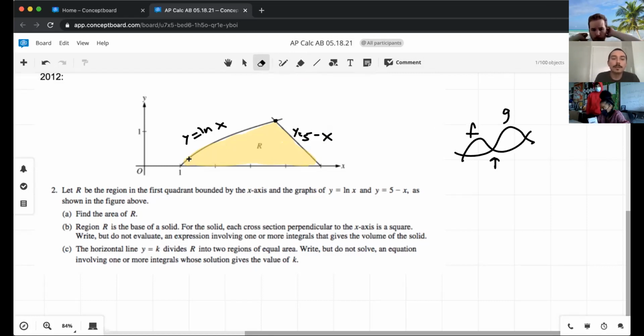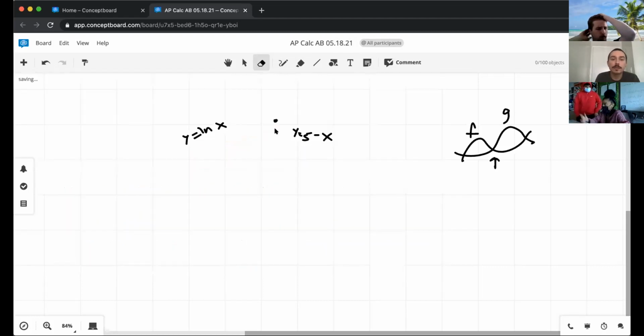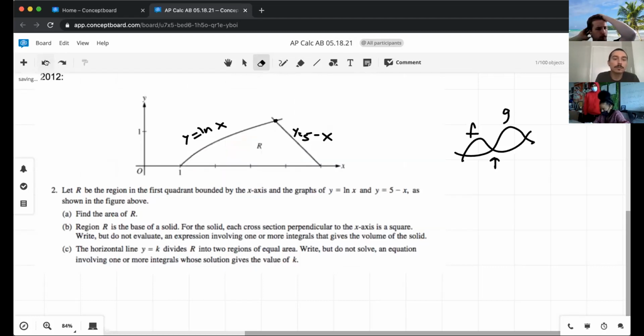To find this area, we could split this wherever that is into two integrals. So the integral under this curve from 1 to whatever this x value is, plus the integral from whatever this x value is to 5 for this integral.